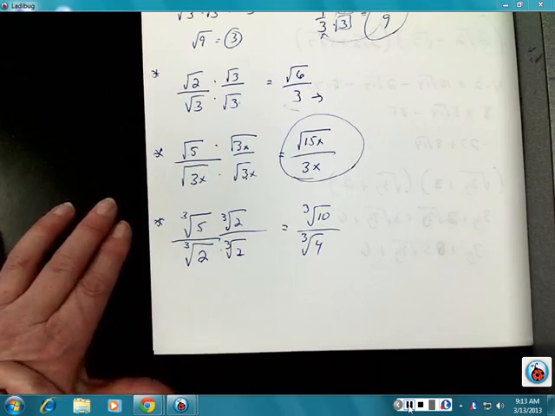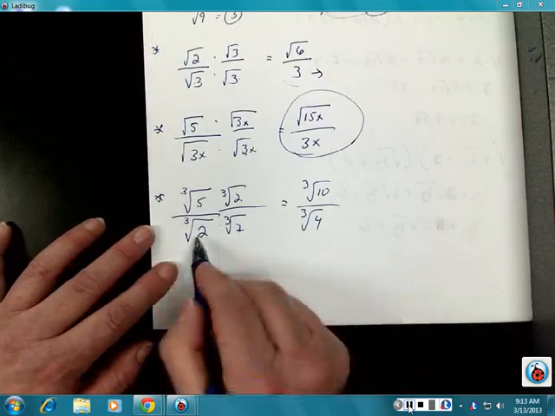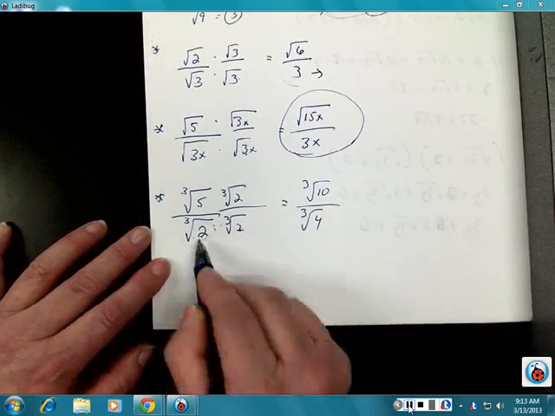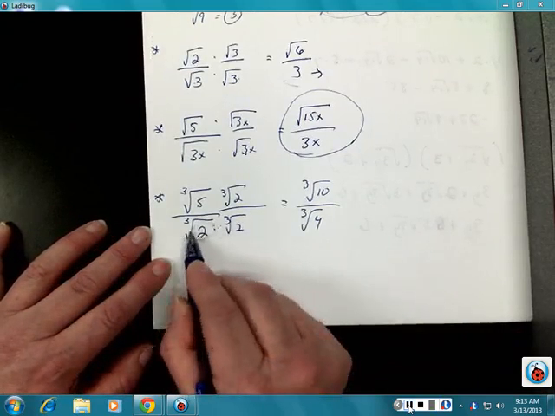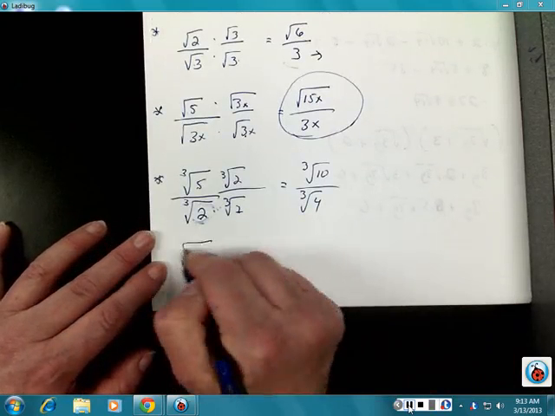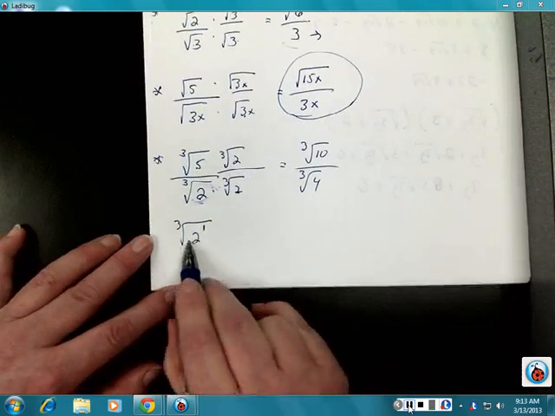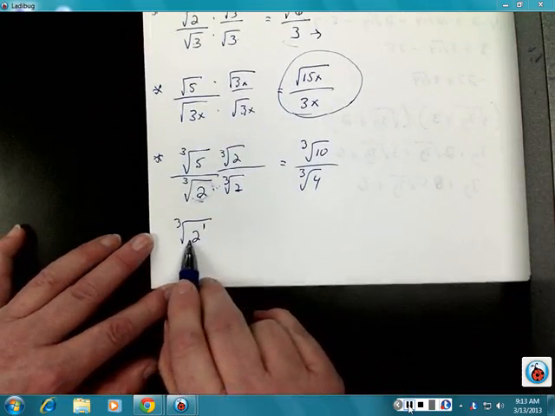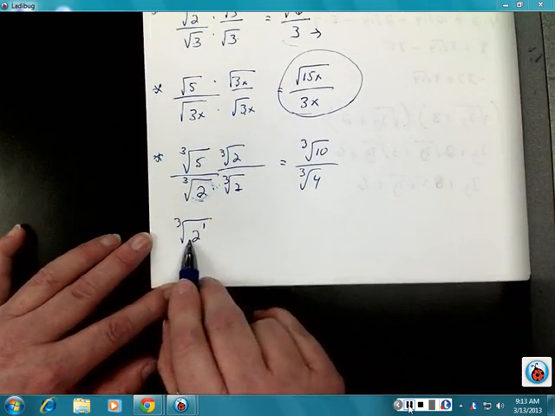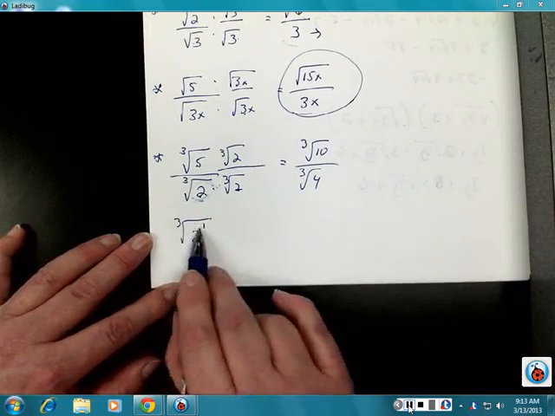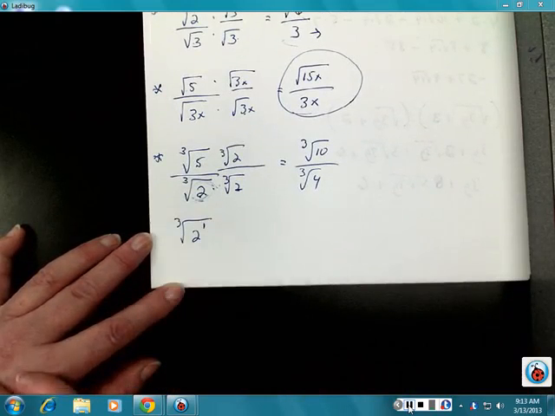So what should I really multiply it by? Well, in order to remove this cube root down here, this has to be a perfect cube. So what do I currently have? Well, I got the cube root of 2 to the first power. In order to pull this 2 out, as we've found in all of the other stuff we've been doing in Chapter 9, what did I have to do? This has to be what? It has to be a 3, correct?